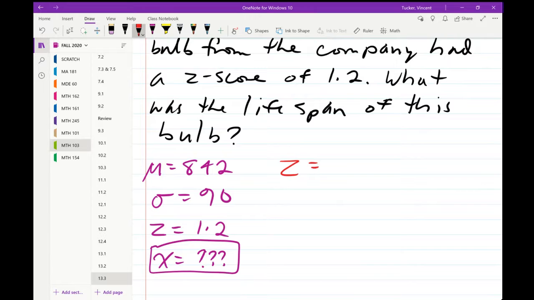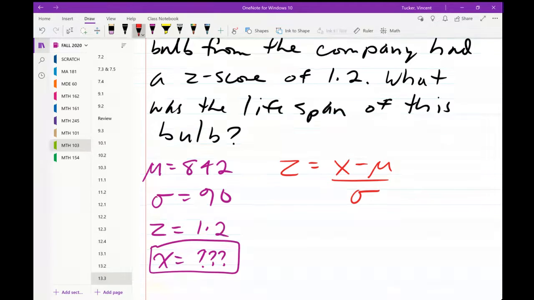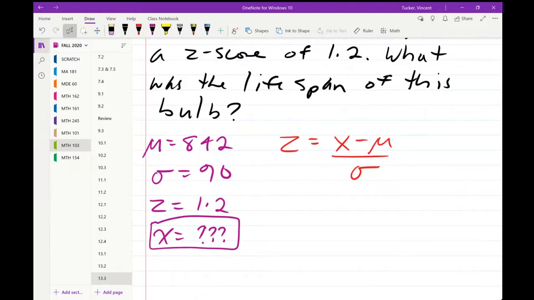So we're gonna have to solve. So don't forget how your formula is set up. Once again, your z value is equal to the data value minus the mean over the standard deviation. We really could solve it before we plug in values.